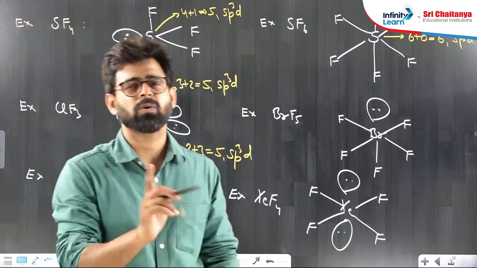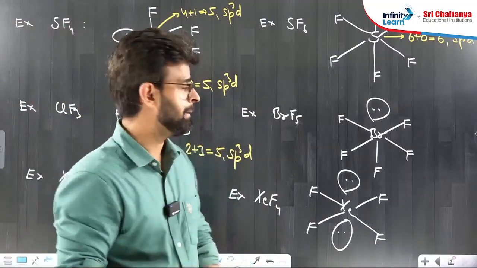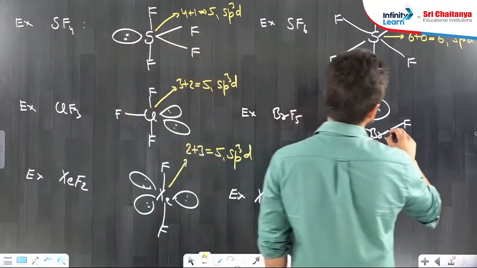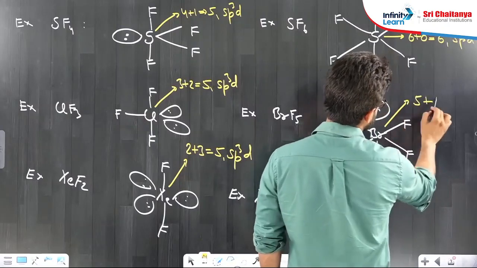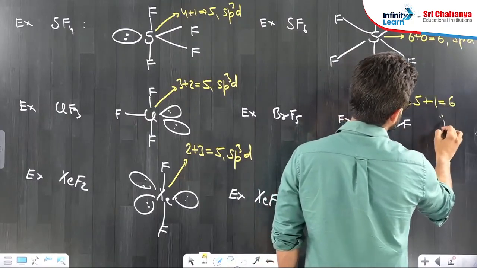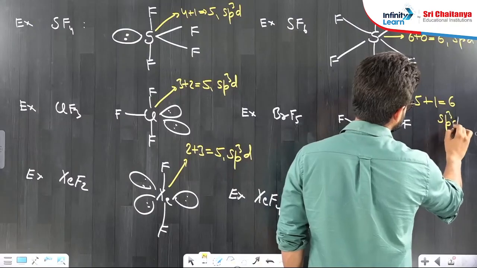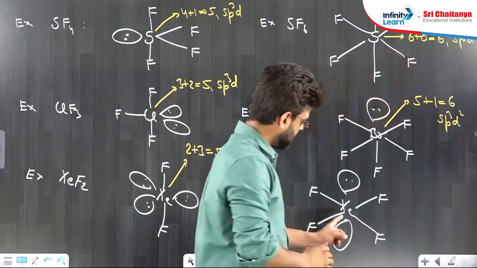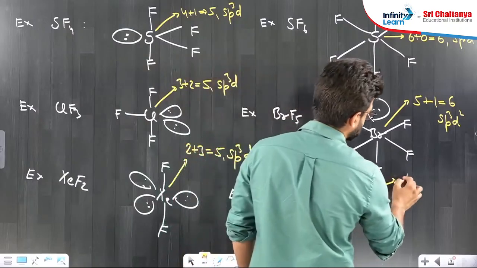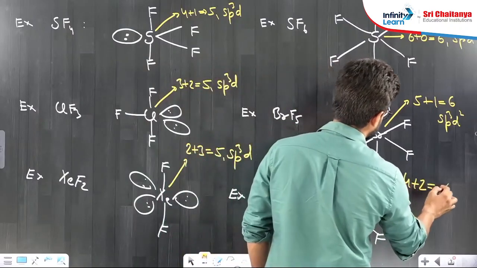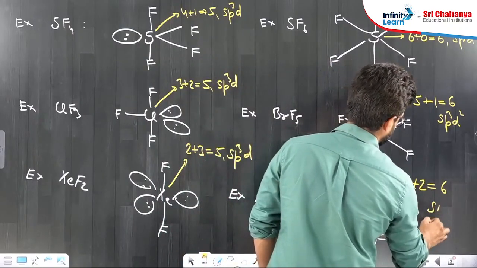In such cases, in coordination compounds, you will find that part, right? Next part you will see bromine here. 5 sigma bonds plus 1 lone pair. Again 6 coming. 6 means what here? sp3d2. Fine. In this case, xenon, if you count here, this xenon is having 4 sigma bonds plus 2 lone pairs. How much coming? 6. sp3d2.